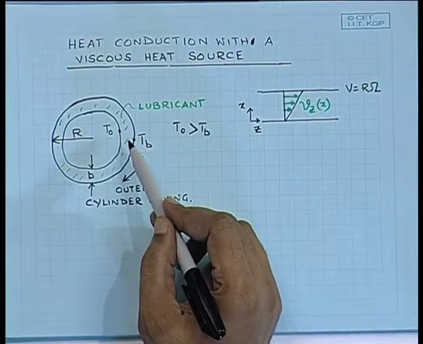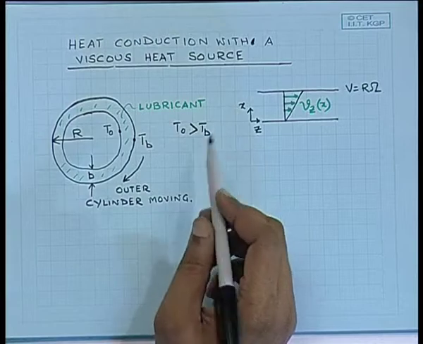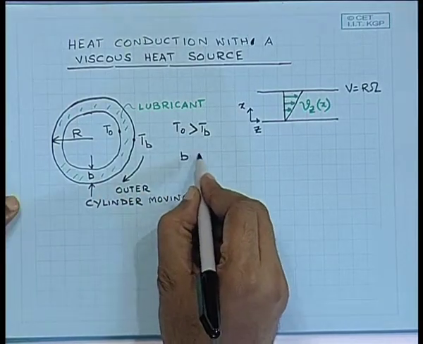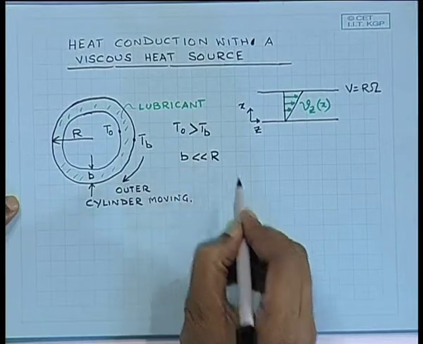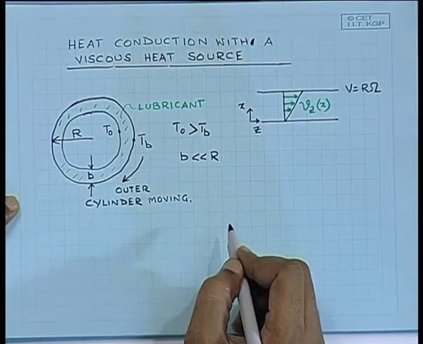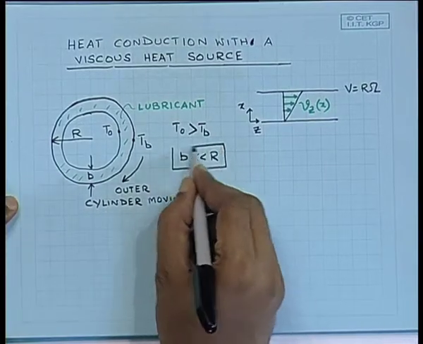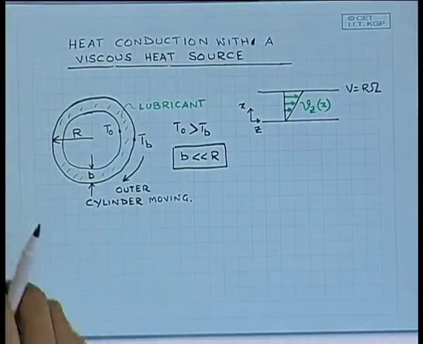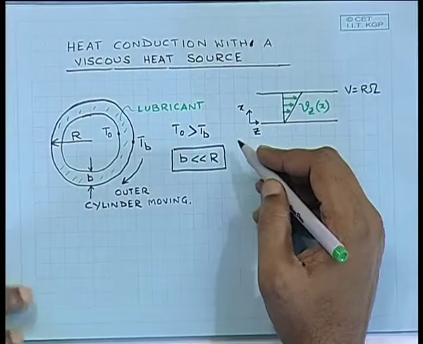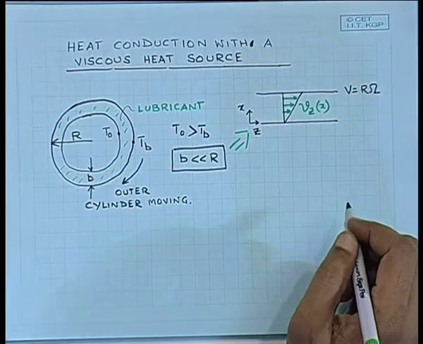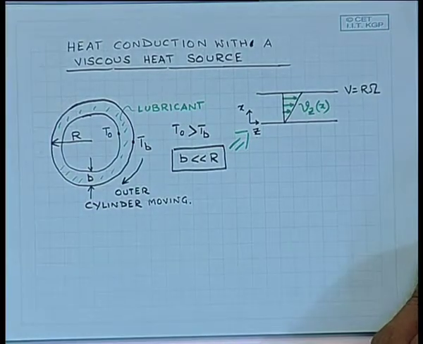We have a lubricant in between the two, and the gap B is very small compared to the radius R of the bearing. So, if this condition is satisfied, that would reduce the problem from a system of cylindrical coordinates to that of a flow between two parallel plates.